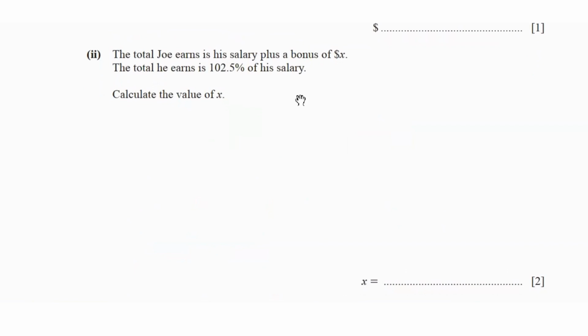Joe earns his salary plus a bonus of X dollars. The total he earns is 102.5% of his salary. Calculate the value of X. So the total Joe earns is his salary plus the bonus of X dollars. Salary plus X is his total earning.